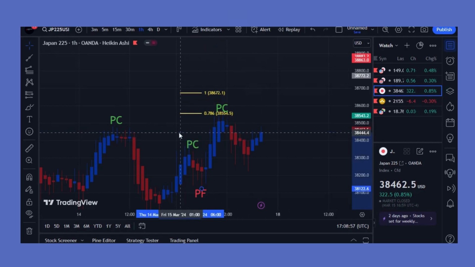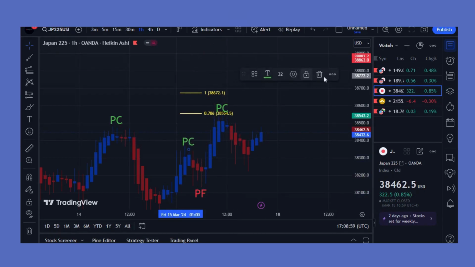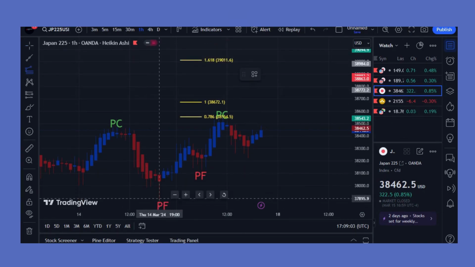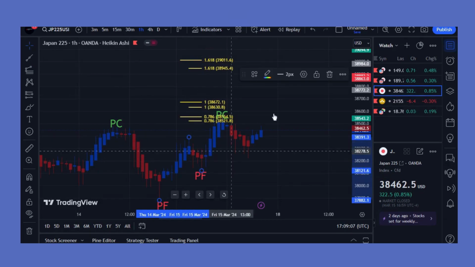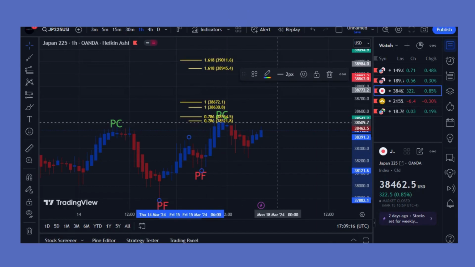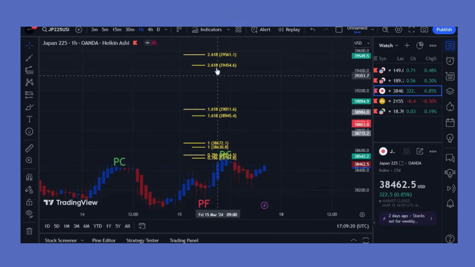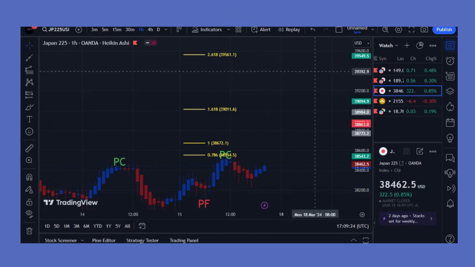Price ceiling. Okay, and see how far again price has moved. So as you can see, there's still a possibility the price can move up to 1.618 level or further to 2.618 level.